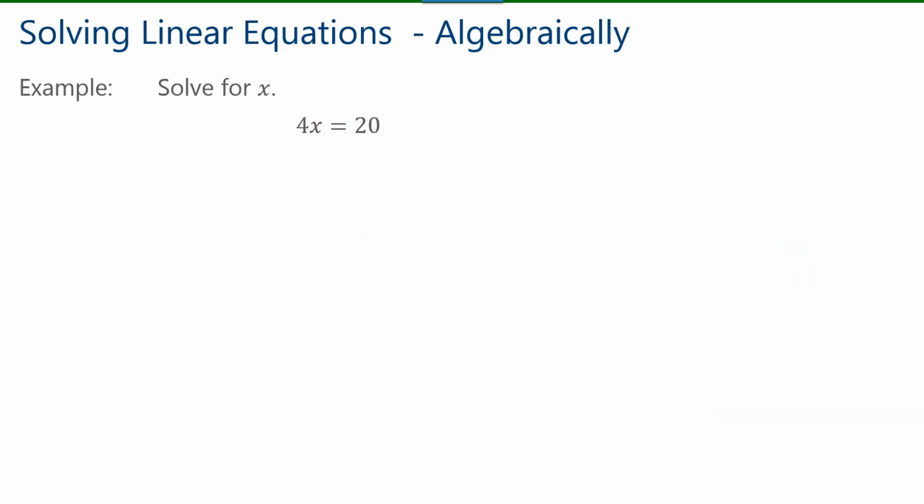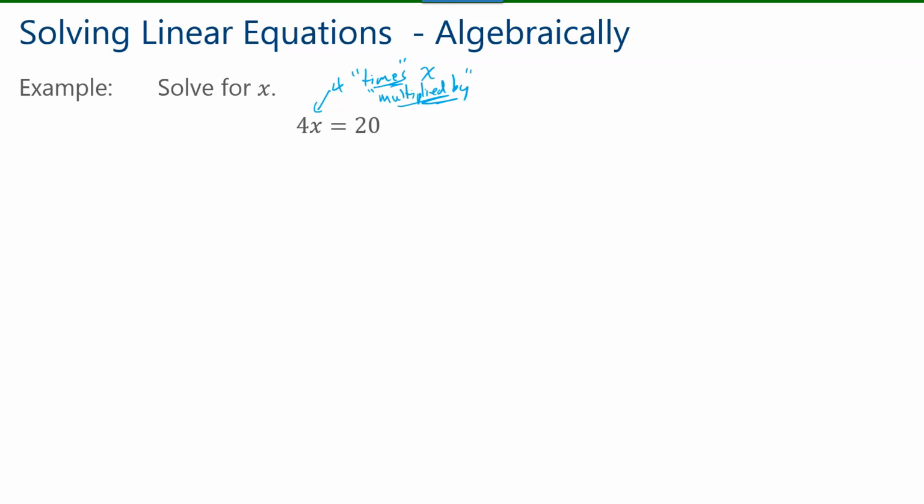Here's our first example. Solve for x. We have 4x equals 20, which means 4 times x, or 4 multiplied by x. And the reason why I'm putting that down is because we need to do the opposite operation.